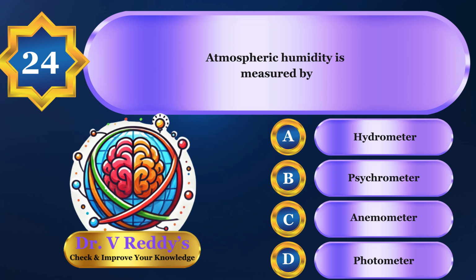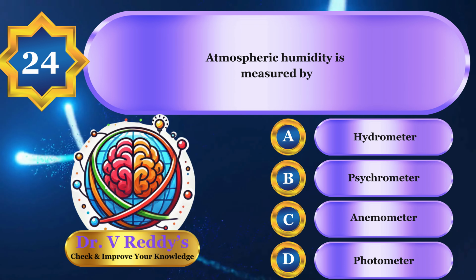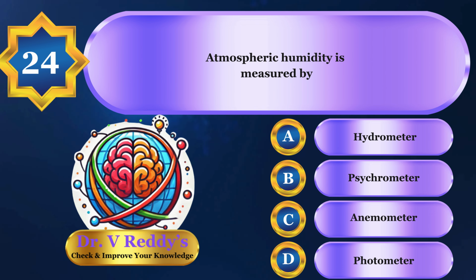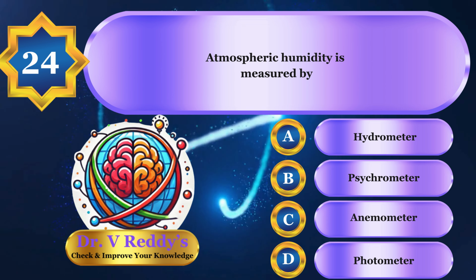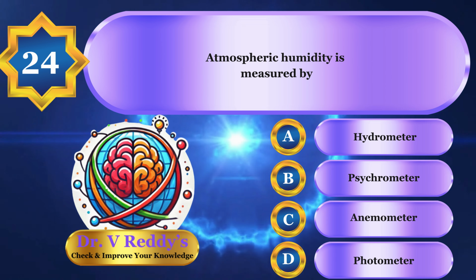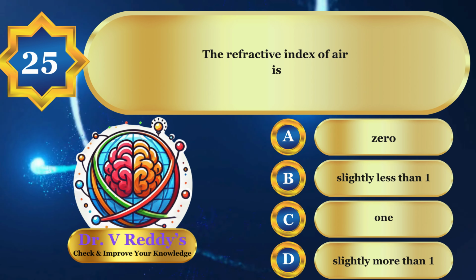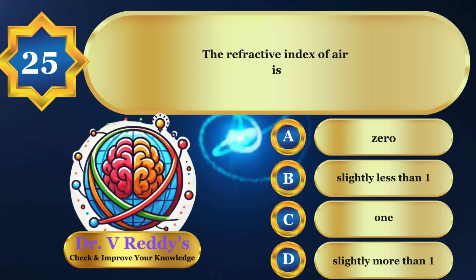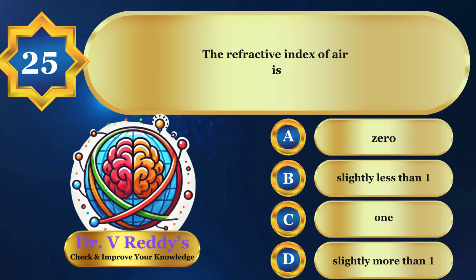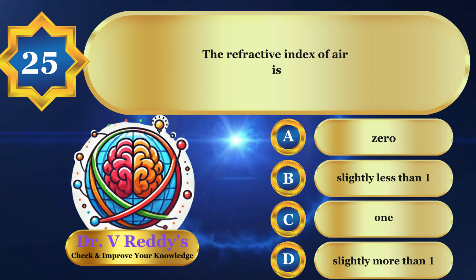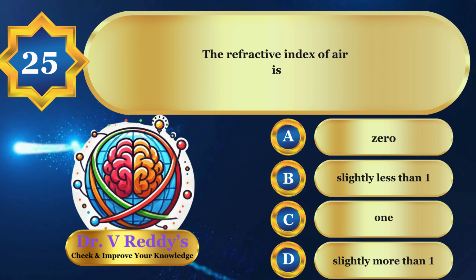Atmospheric humidity is measured by A. Hydrometer, B. Psychrometer, C. Anemometer, D. Photometer. 25. The refractive index of air is A. 0, B. Slightly less than 1, C. 1, D. Slightly more than 1.